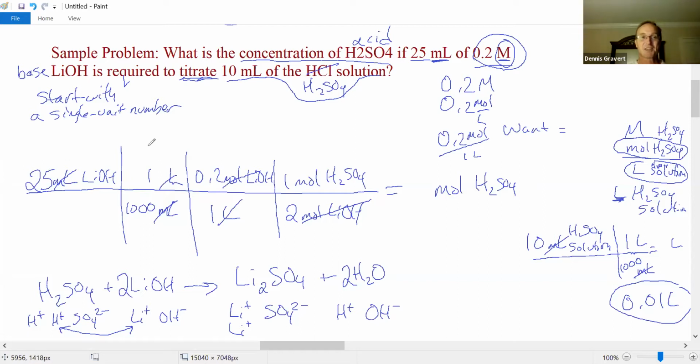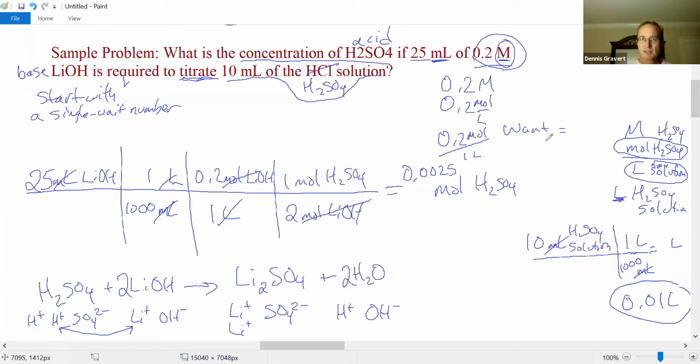Okay, so 25 times 1 times 0.2 times 1 gives you a number. And you divide it by 1,000 times 1 times 2. So multiply across the bottom, across the top, and divide those 2 numbers, and I got 0.0025 moles of sulfuric acid.